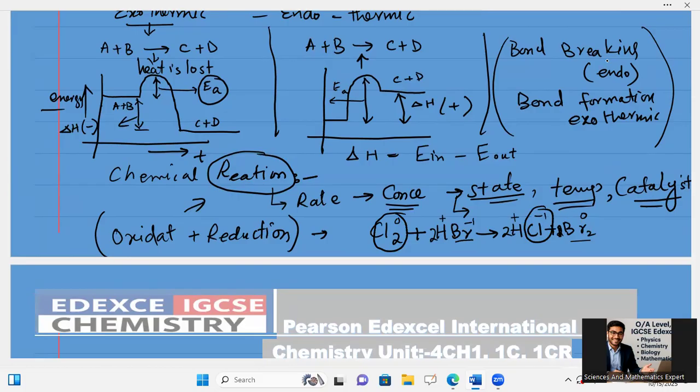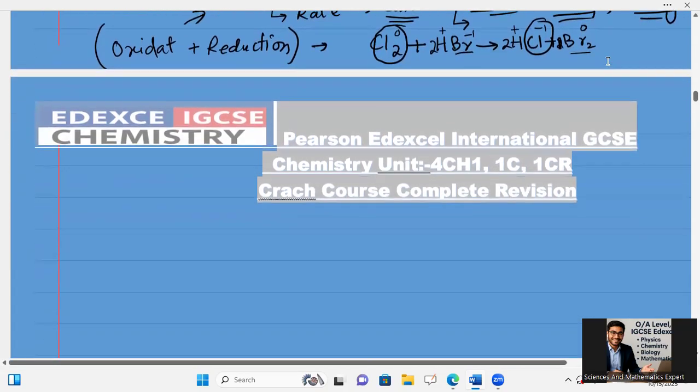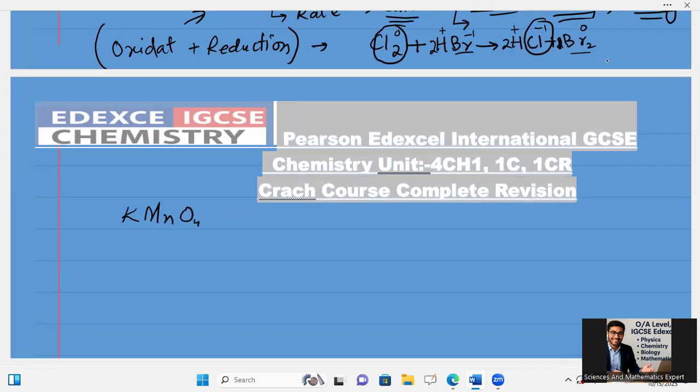And remember that in redox reactions, when we are taking the oxidizing agent and reducing agent, we should keep in mind acidified potassium permanganate as an oxidizing agent for any chemical reaction. We will have to take potassium permanganate as an oxidizing agent, and K2Cr2O7, potassium dichromate, can also be taken as an oxidizing agent.